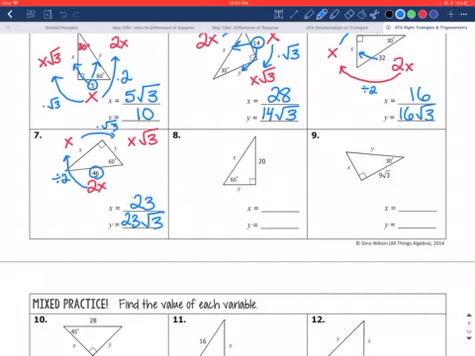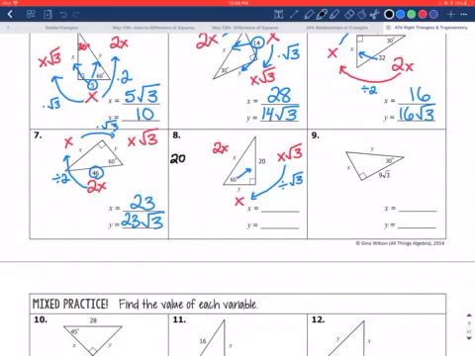Now, 8 and 9 are the ugly ones, right? These are the ones that don't come out nice and neat because they gave us the 60 degree side first. So this is x square root of 3, right? The very first thing you need to do is get back to x. Every single time you need to get back to x. So what do I have to do to get from x square root of 3 to x?